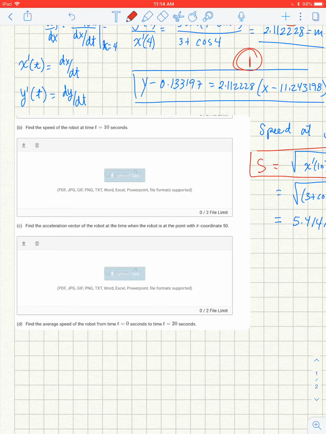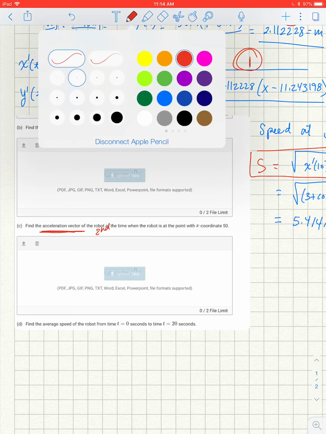So you don't need this, so I messed up that one. But because they're asking for the acceleration vector, you're just doing the second derivative. Okay, so it's really not that difficult because in this one you want to use the calculator. So you're kind of looking for f. My bad.